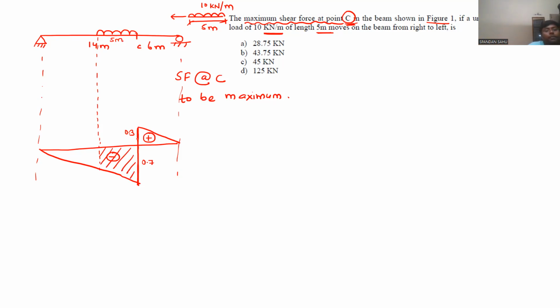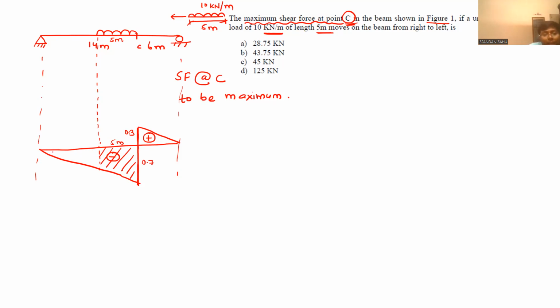So this area will provide us the maximum shear force at point C. So this is 5 meter, C. For 14 meter horizontal, there is a rise of 0.7 meter. This is 14 meter and this is 5 meter, so this will be 9 meter. For 9 meter horizontal distance, this vertical ordinate you can directly calculate from similar triangles.